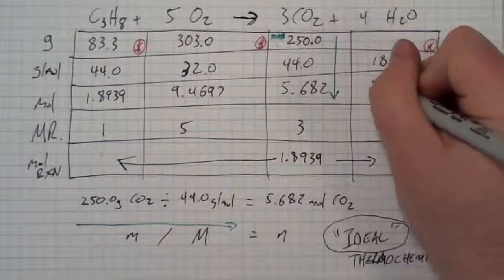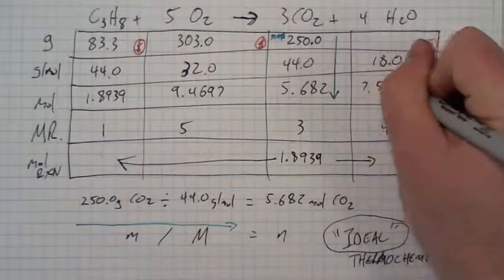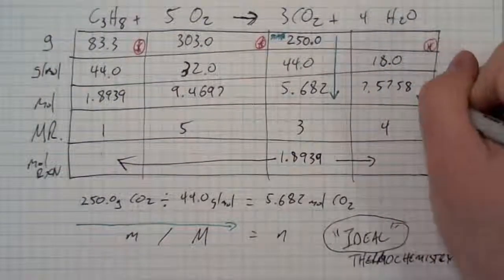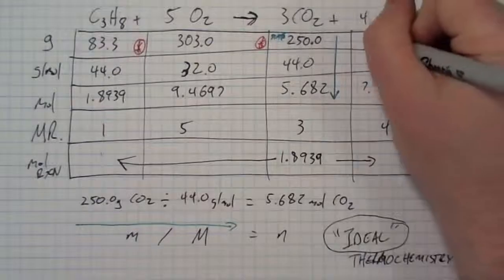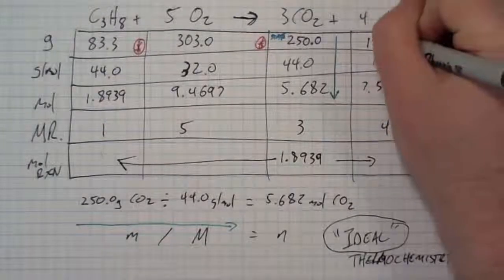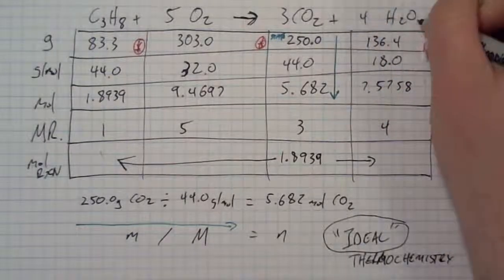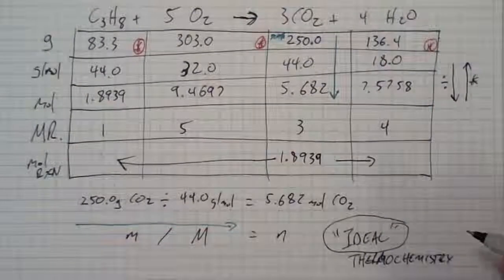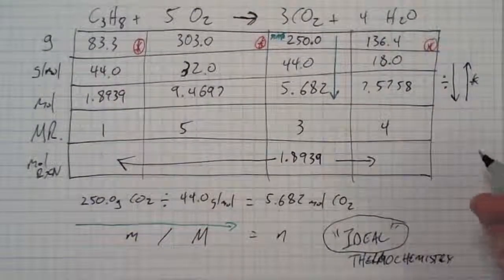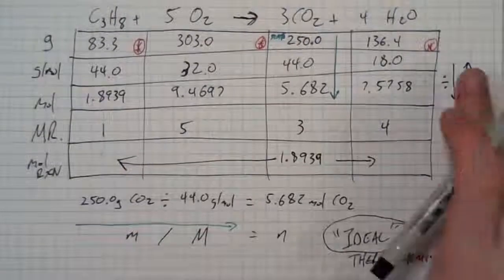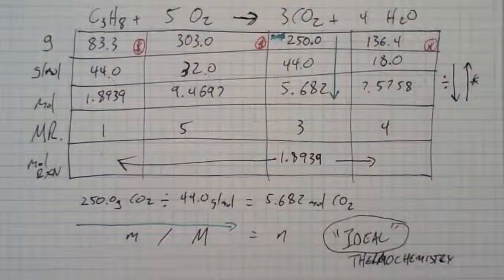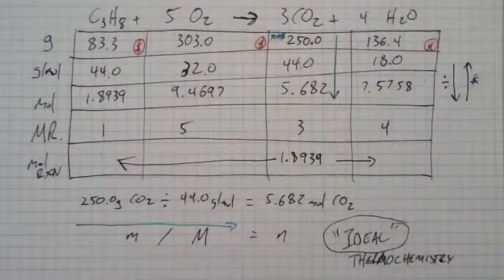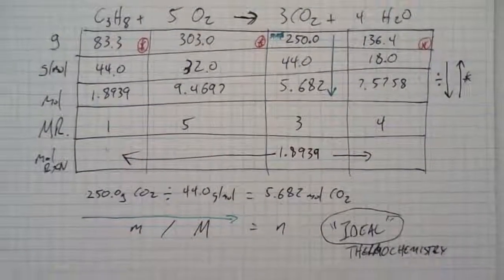And then lastly, let's go up the water column. We have here 7.5758 moles, and then that will give me 136.4 grams of water. Now, the last thing I'm going to point out is what I always told my kids: this is not your answer. This is your work. You still have to state the answer to the question.